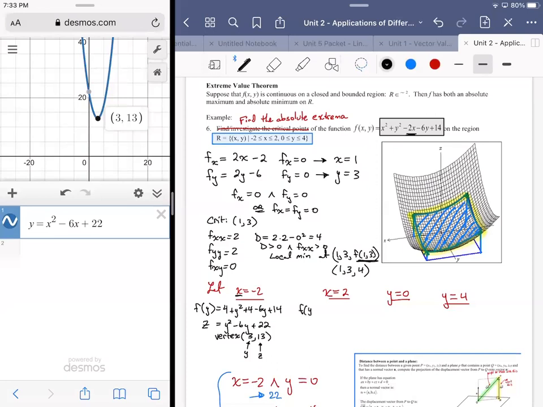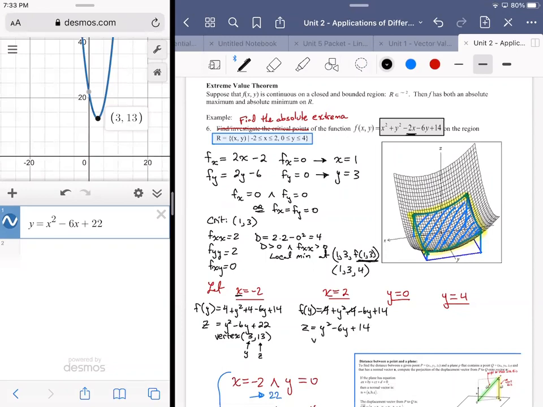So f of y would be equal to 4 plus y squared minus 4 minus 6y plus 14. So z would be equal to y squared, these two would cancel, minus 6y plus 14.